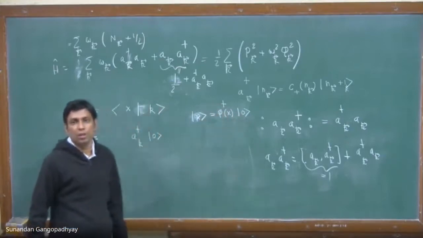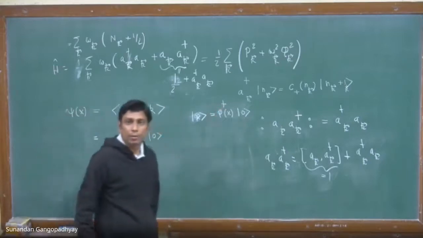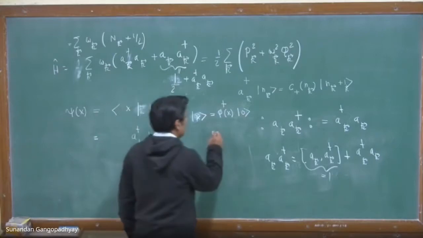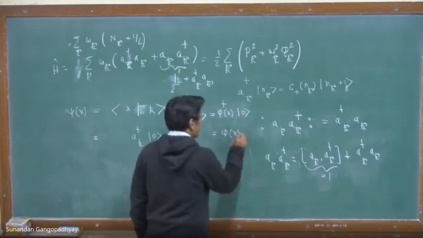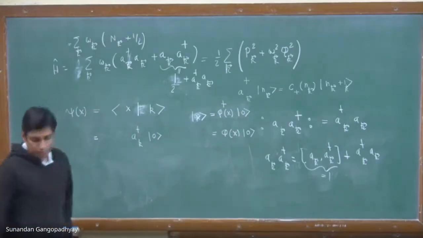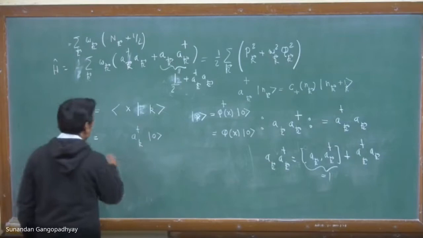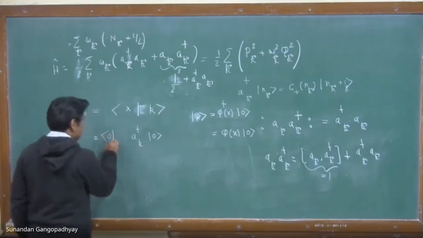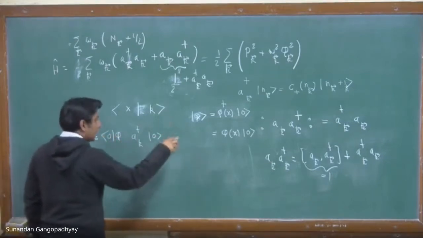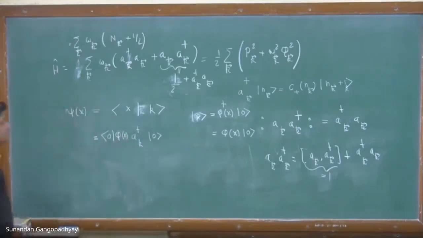It gives you the position of the particle. We write it in this way. But phi dagger is equal to phi because this is a real scalar field. Therefore, this is phi of x.